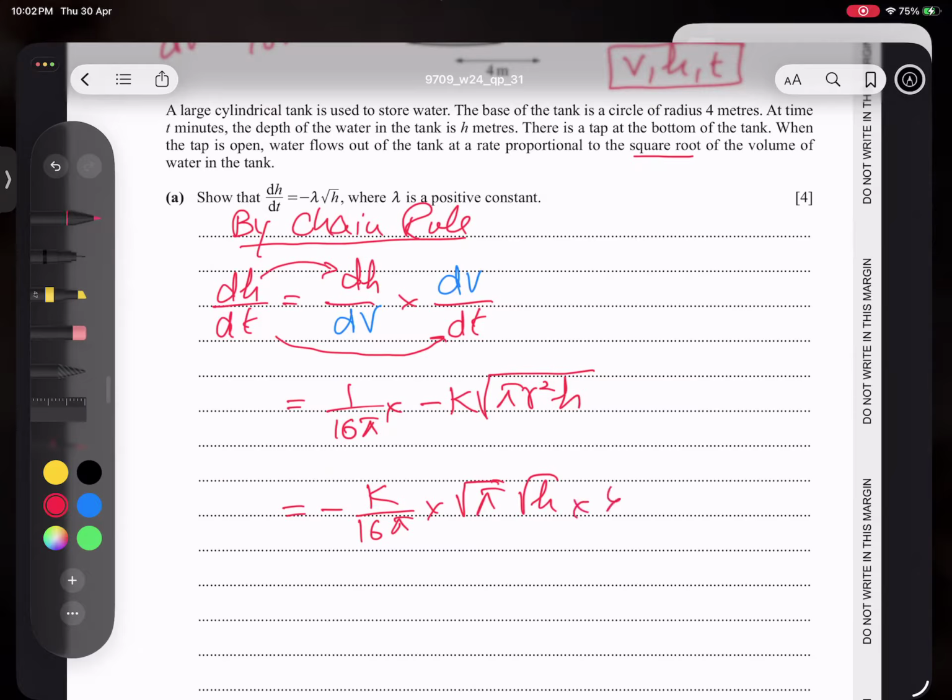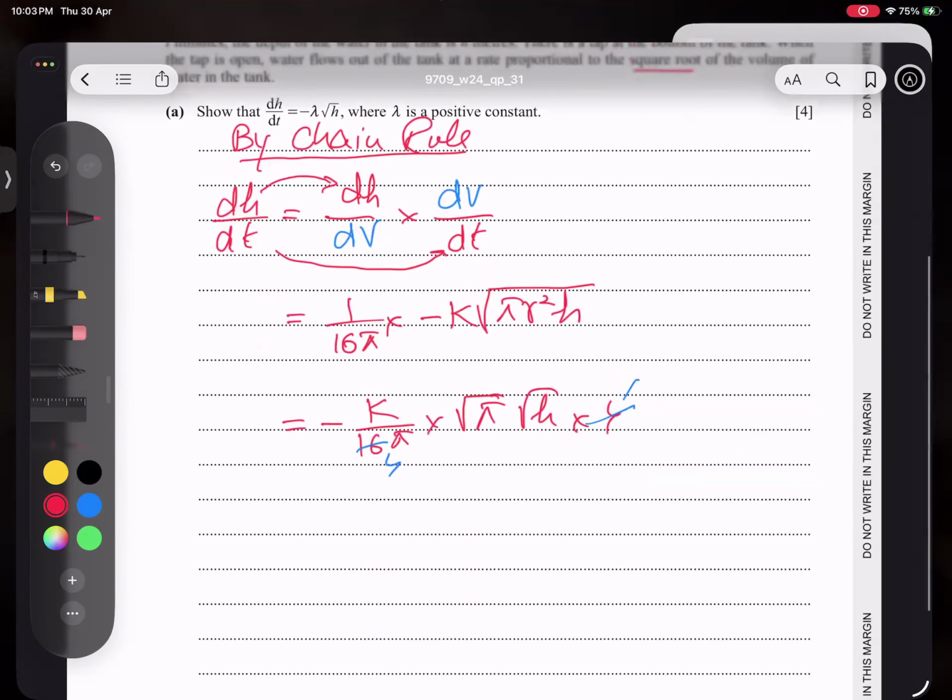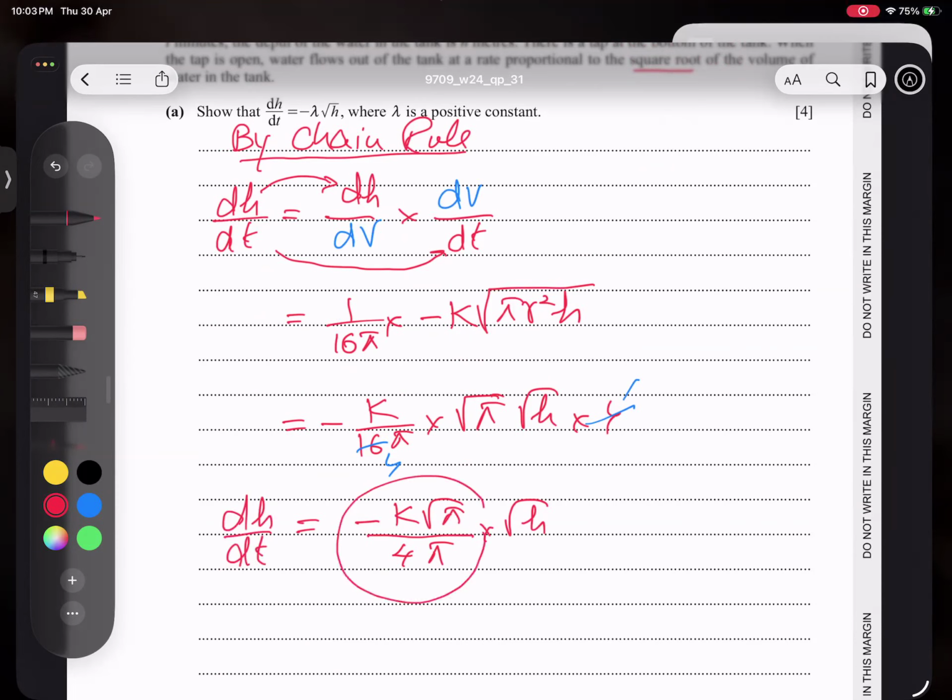So this 4 here, and now students, this 4 cancels out and we got this, and then the final form I'm going to give you is negative k root pi over 4 pi times 2 root of h. So you can see now we are close to prove our answer, and it's a complete value, sorry, without negative sign, complete value will take is equal to lambda. And I'm writing now, okay, we can leave it as it is form or root together even, pi together even, no problem at all.